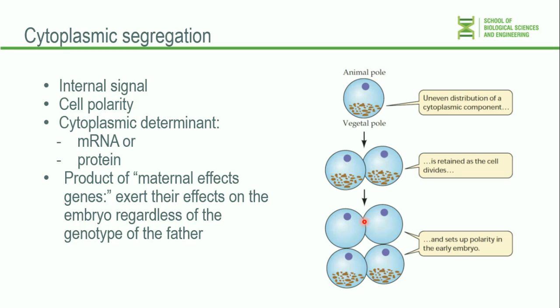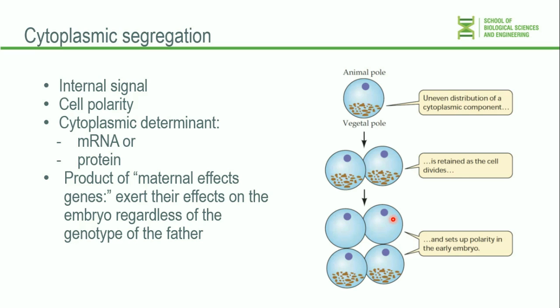Now, the cytoplasmic determinants are obviously going to be important in triggering the transcription of certain genes. So if we have a cytoplasmic determinant down here in these two cells, but not these, already different genes may be triggered in these cells from these ones up here.